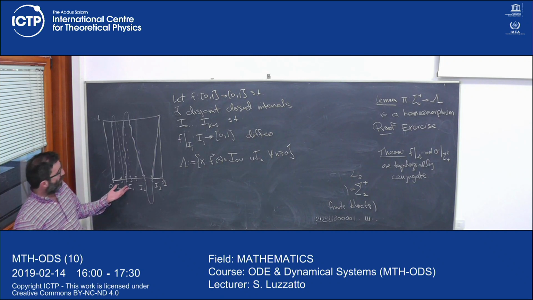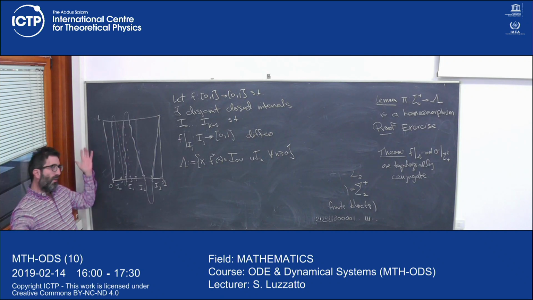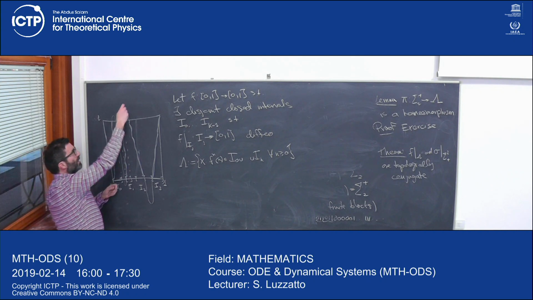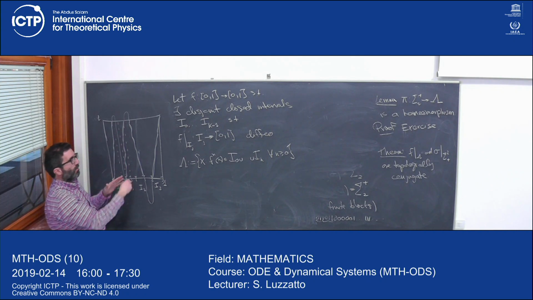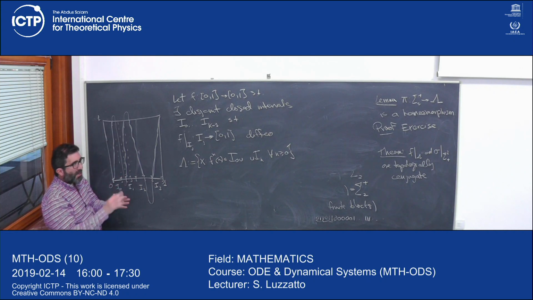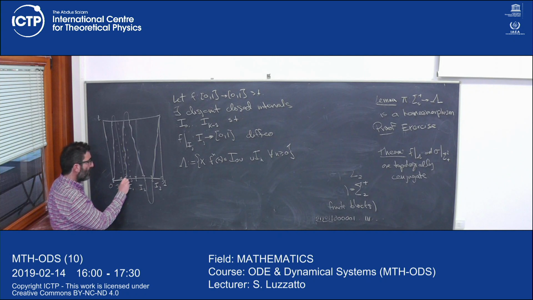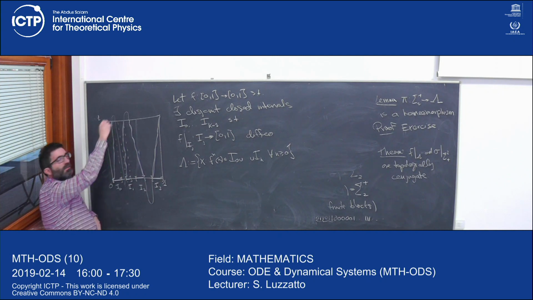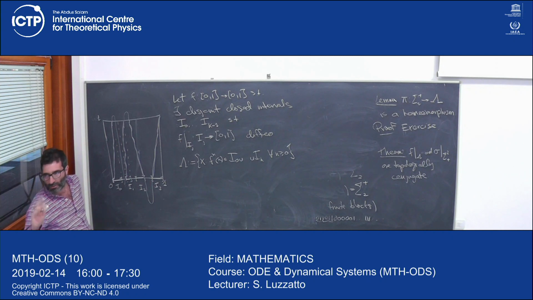Before we had a globally defined map, and we noticed that points that go outside those I_0 and I_1 escape and went to infinity. But suppose it doesn't matter. Maybe these points do something relevant, but we decide we're not interested in them. We are only interested in the points that stay inside these intervals for all time. As soon as they jump out, it doesn't matter what happens to them. We're just not going to consider them anymore.